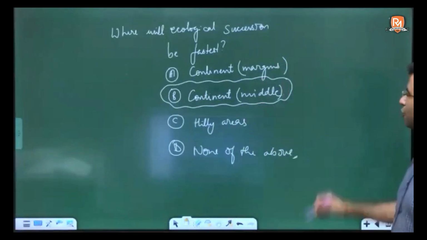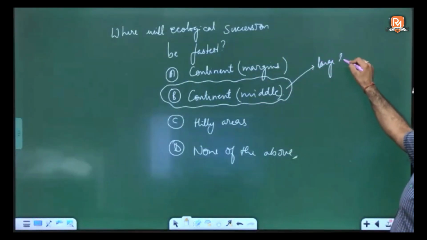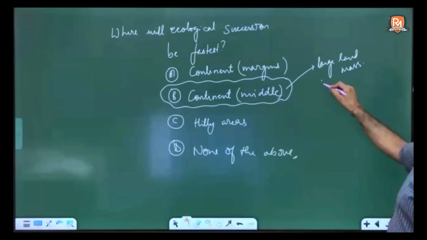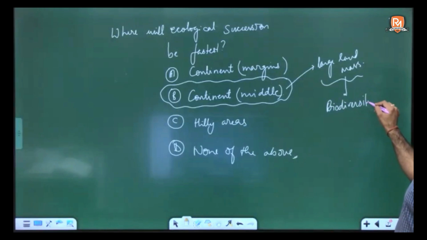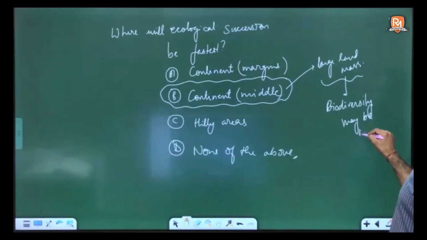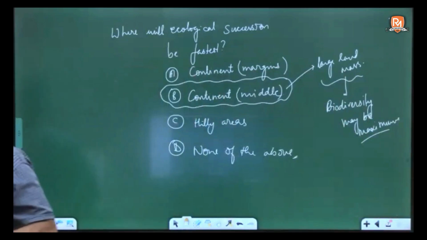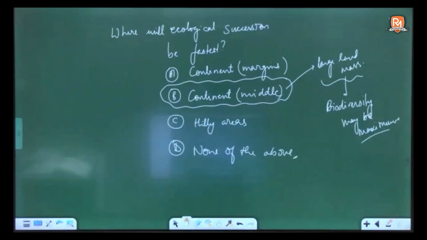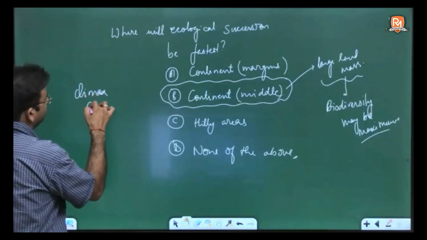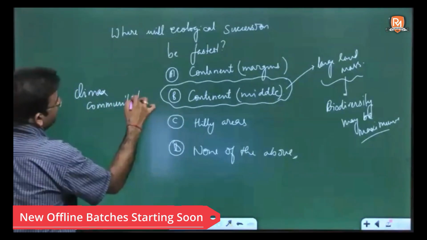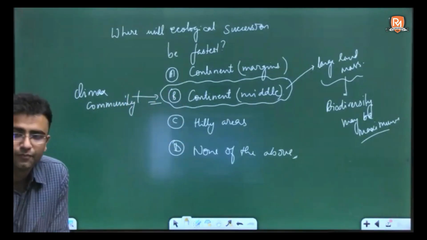Continent middle, because of the large landmass. There is a greater chance that the biodiversity may be maximum. And when the biodiversity is maximum, the ecological succession will be fastest. Yes, correct. So the climax community will be quickly achieved in the continent middles, not hilly areas.